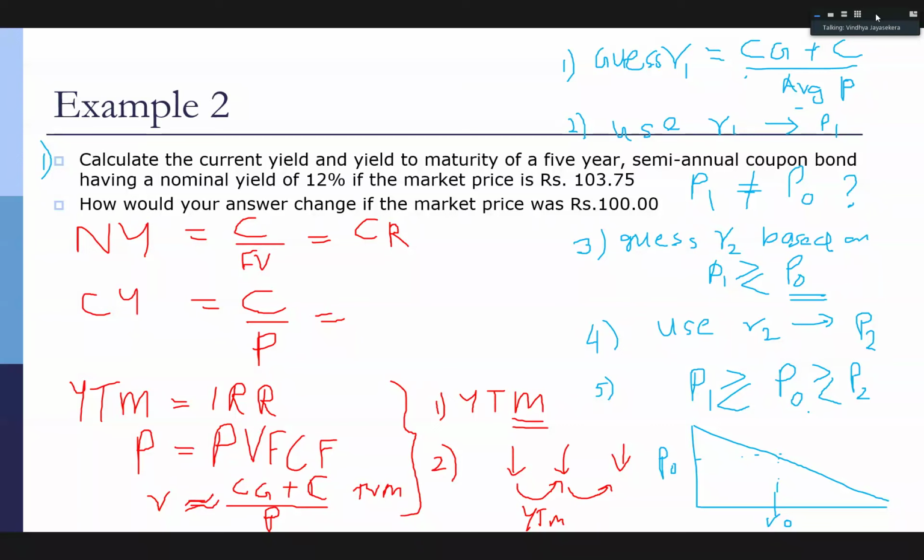Yeah, Johnny, correct. Put it in percentage terms, right? Not decimals, but it's correct. It's a yield. Miran, yes, correct.